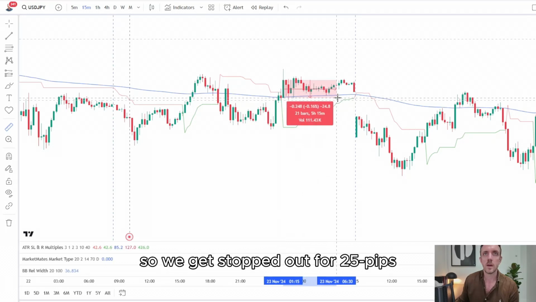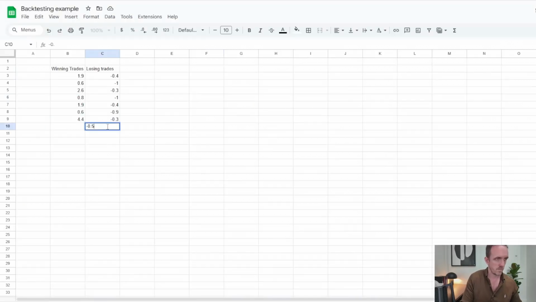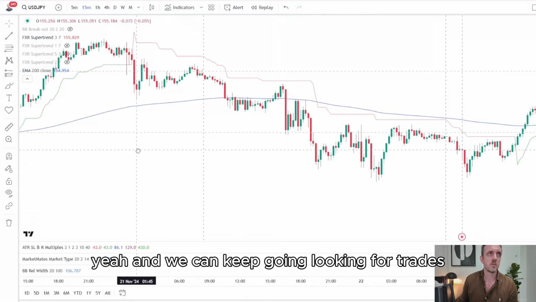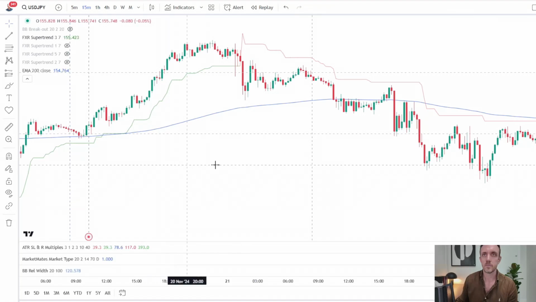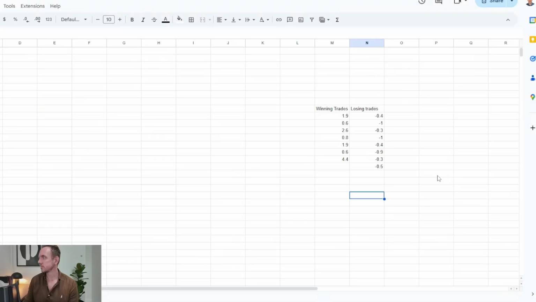So we get stopped out for 25 pips, so it's a -0.5R trade. Yeah, and we can keep going, looking for trades. So as you see, you can just keep going and adding to the results.